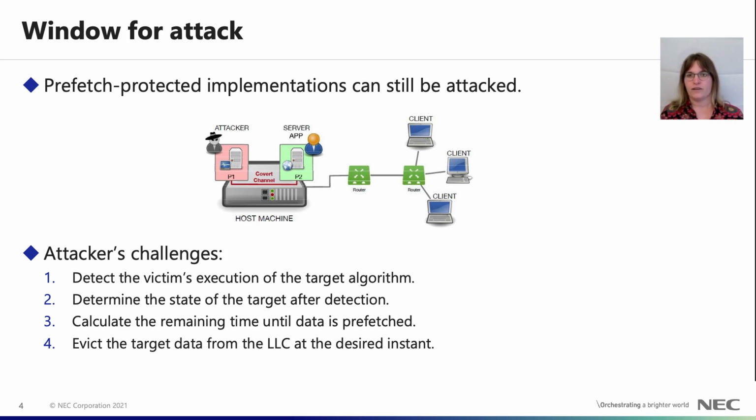She needs to find out the exact state of the target after she detected it. She then needs to find out how long she needs to wait until the data is prefetched. And then she needs to evict the target data from the last level cache at exactly the desired instant, which is after the prefetch but before the actual utilization.